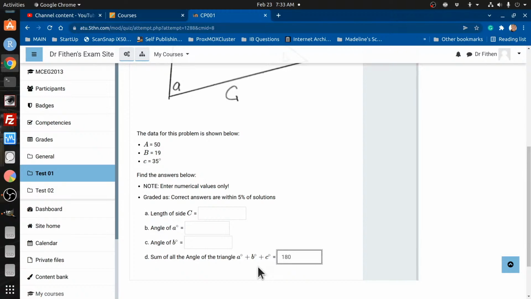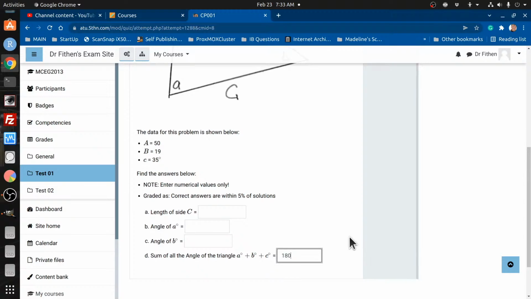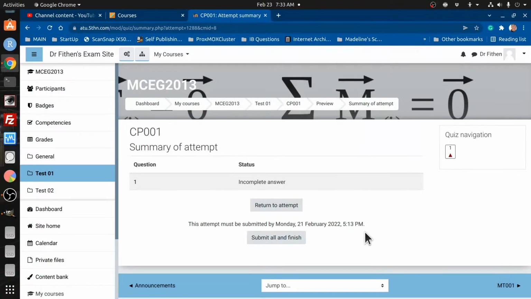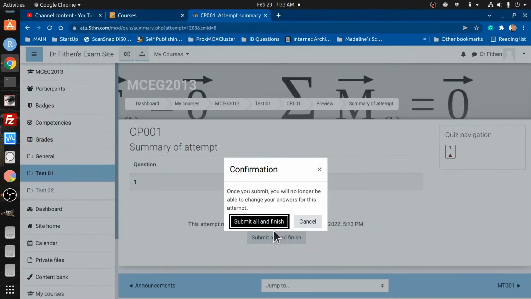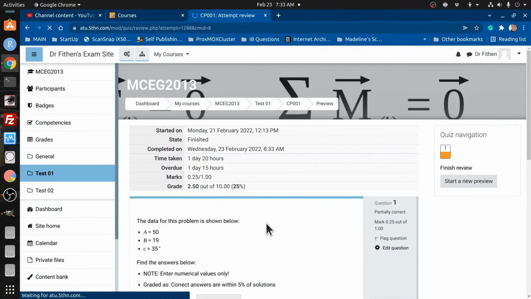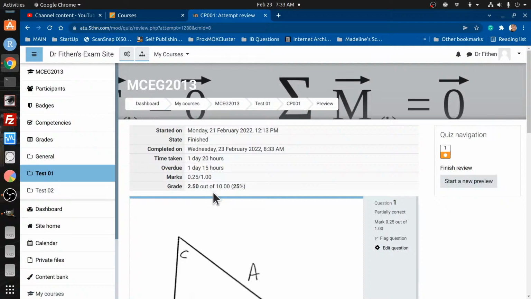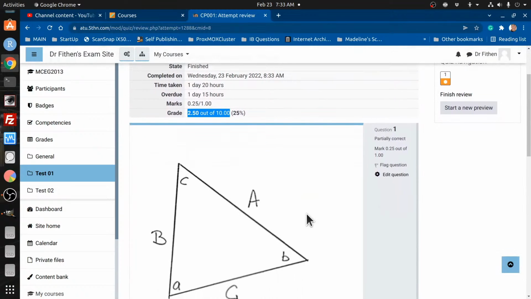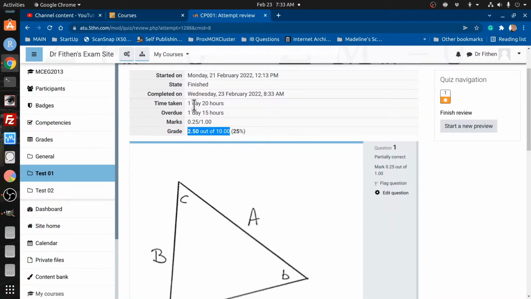So if the sum of all angles in a triangle, submit it all and finish it and give it a second. I got 25% or 2.5. All the problems are going to be out of 10 points. They'll be scaled and put back on the thing later.